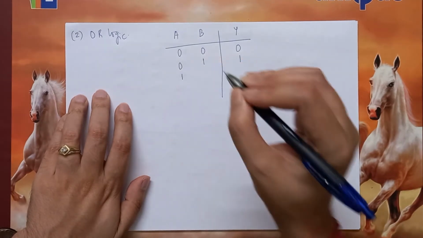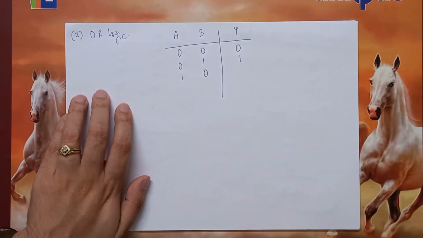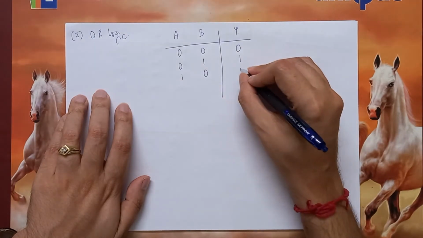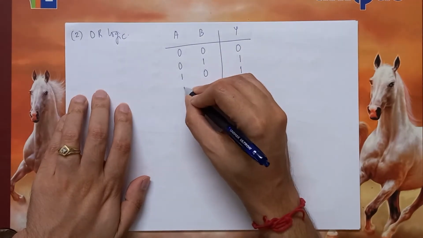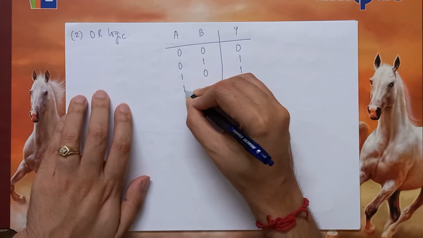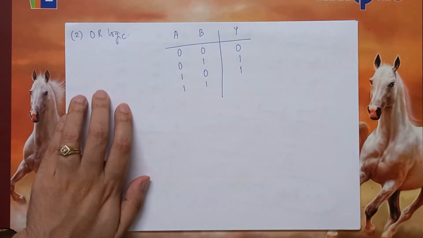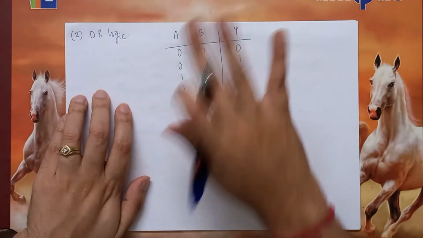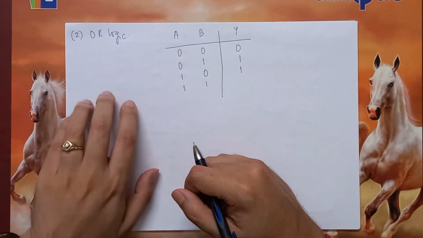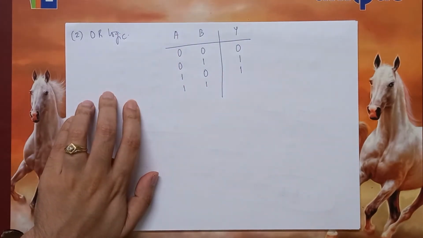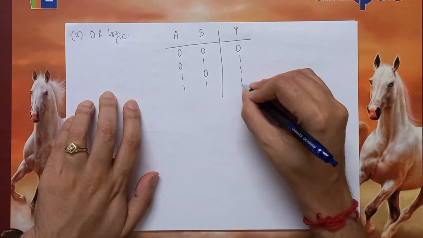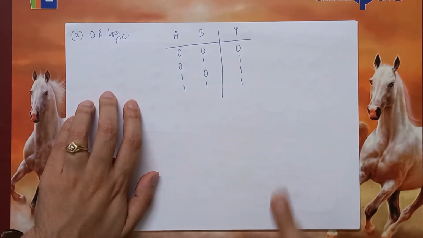If he does well in school but he keeps his room dirty, that's still fine. He will still get the prize. But if he is a very good student, he satisfies both the conditions, that is still satisfying the parents' requirement of completing at least one condition, so therefore he would still get the prize. This is called OR logic.